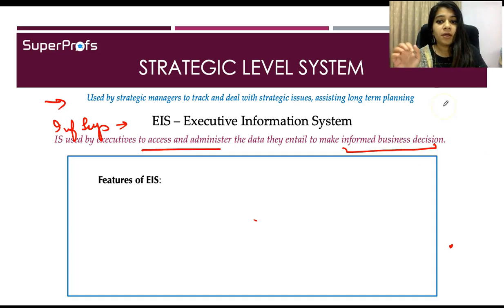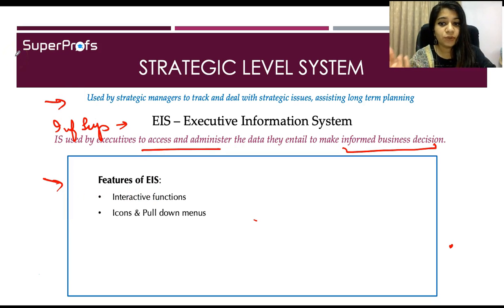Now we will study the various features of EIS. As I mentioned, it has to be interactive and easy to use. How will you ensure that an information system is easy to use? By ensuring that it has icons and pull down menus. Then it must have a touch screen.